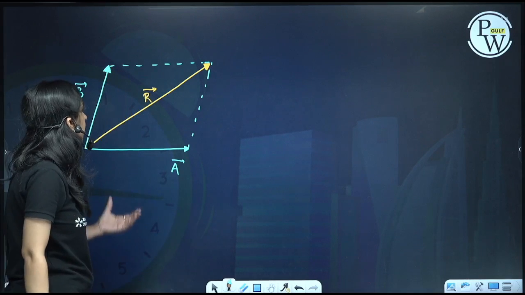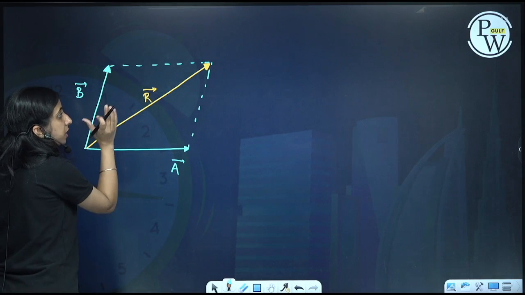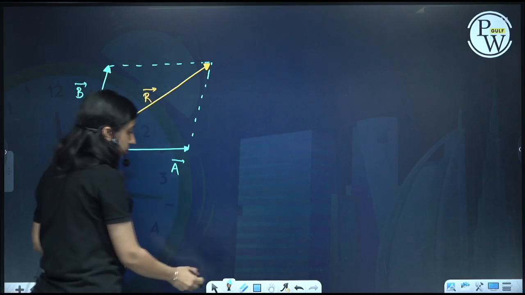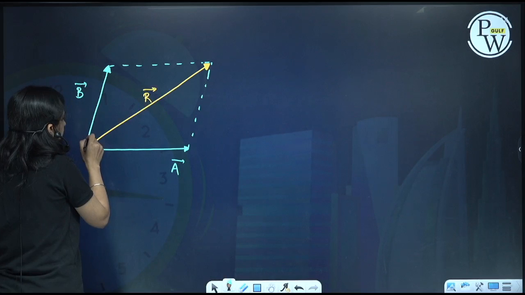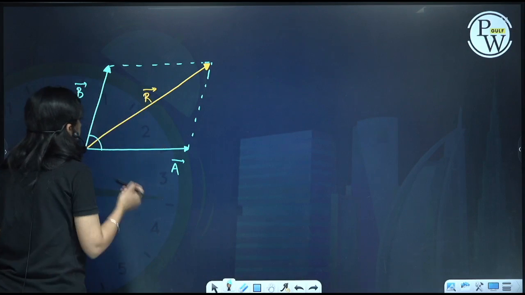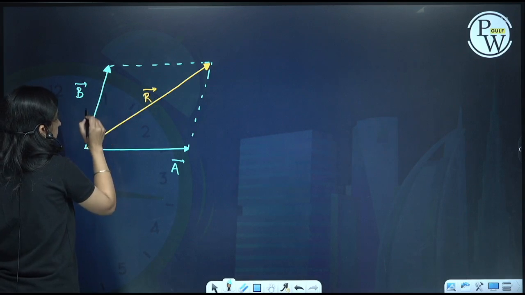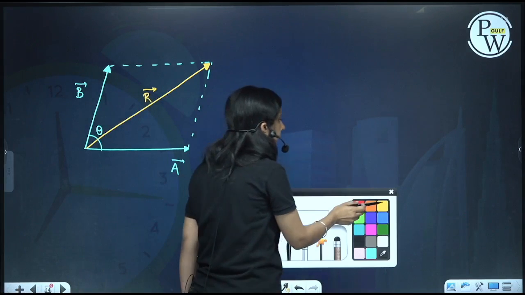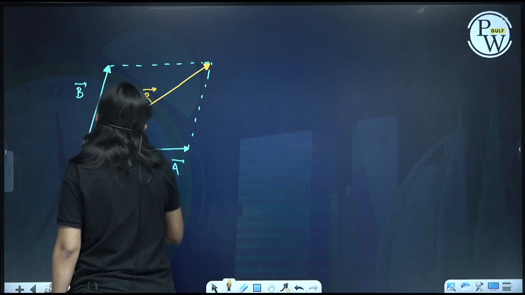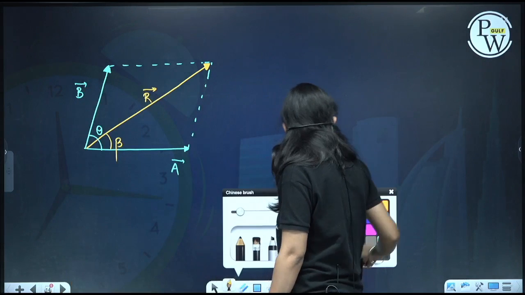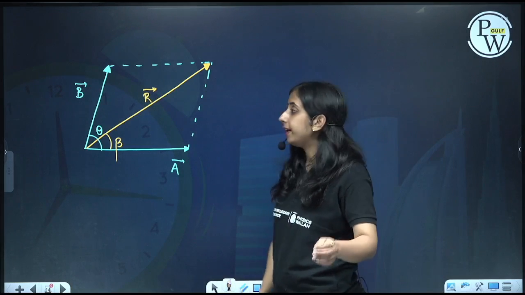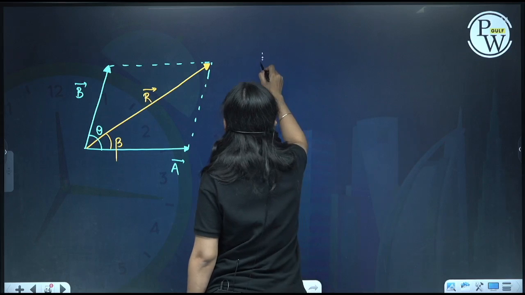Now we want to find what my magnitude of this vector R will be and what its direction will be. A and B are inclined to each other at an angle theta, and this resultant is making an angle of beta with my A vector. Now what will be the magnitude of R?